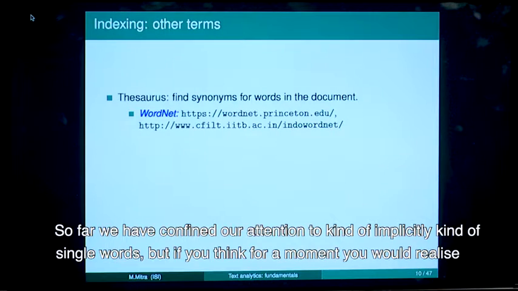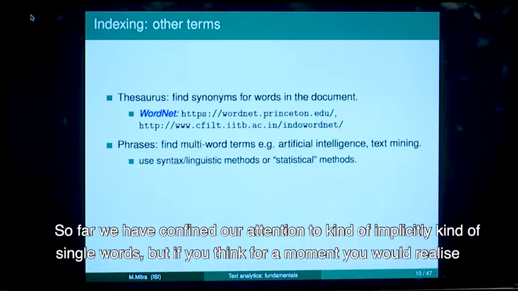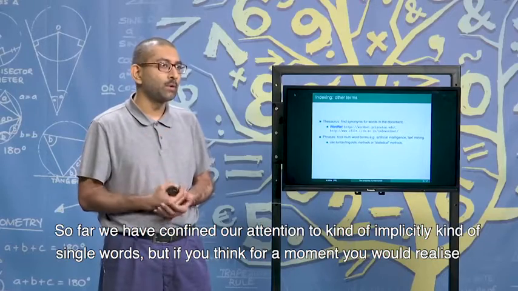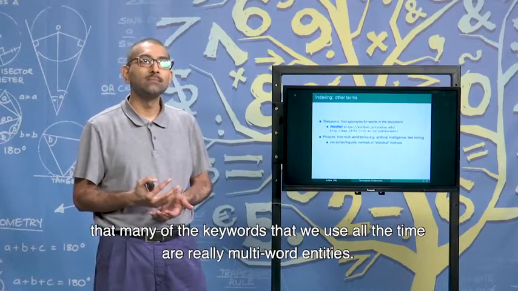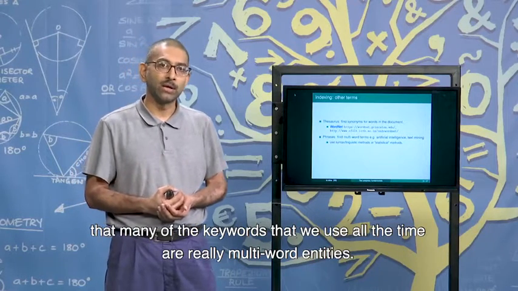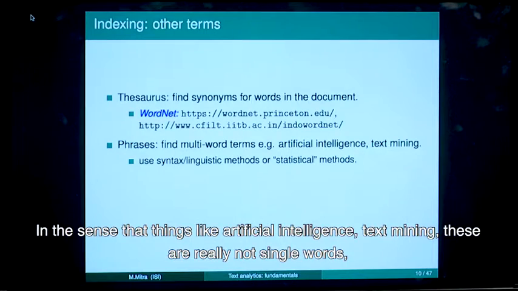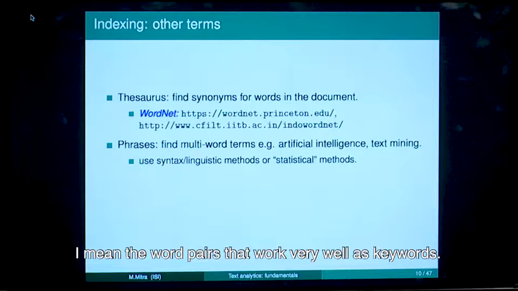So far we have confined our attention, implicitly, to single words, but if you think for a moment, you realize that many of the keywords that we use all the time are really multi-word entities, in the sense that things like artificial intelligence, text mining are really not single words. They are word pairs that work very well as keywords.